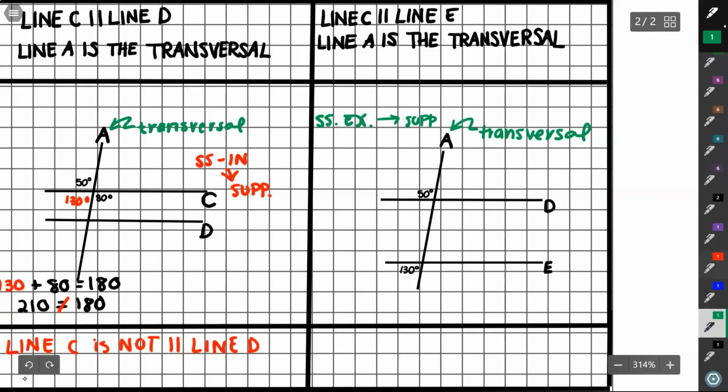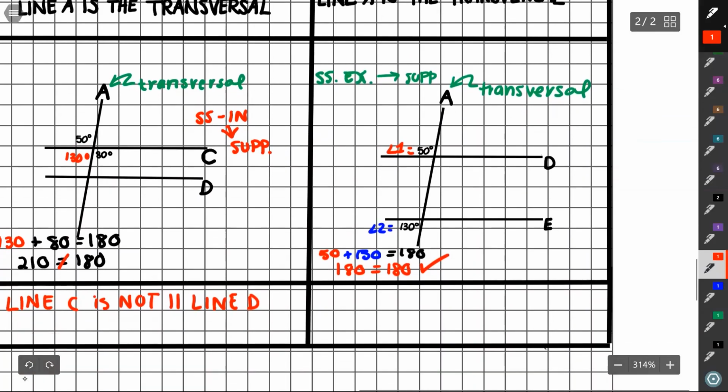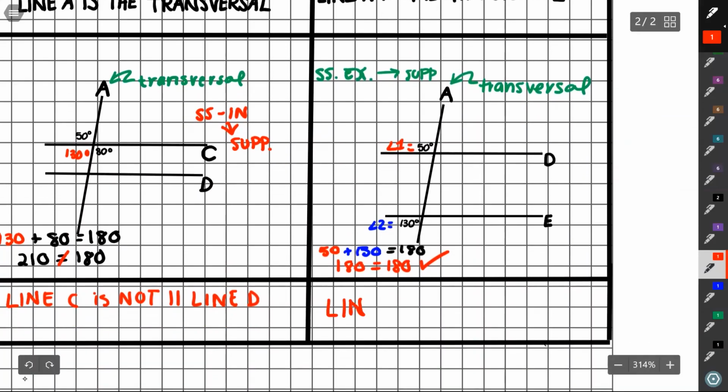So if I take angle 1 plus angle 2, I should get 180 degrees. I have 50 plus 130 equals 180. So 50 plus 130 gives me 180. 180 equals 180, which is true. Awesome. So that means that line C is parallel to line E, and we proved it up here. I'm just going to write a check mark there.